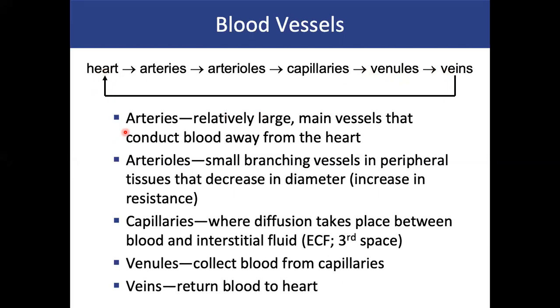Okay, so then it branches into arterioles. And then at the tissue level, we have capillaries. And this is actually where diffusion takes place between the blood and the interstitium. And then we have venules that collect blood from the capillaries. So the venules are going to have CO2 in them and a lot of waste products because they came from the tissues. Then the veins take the blood back to the heart.